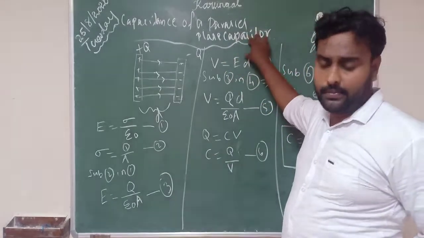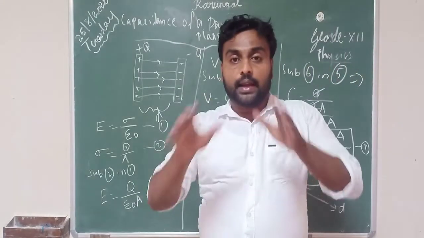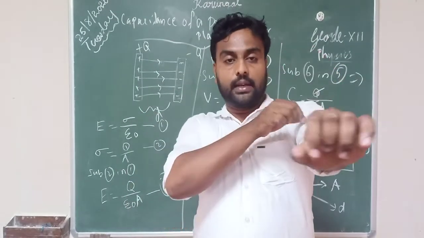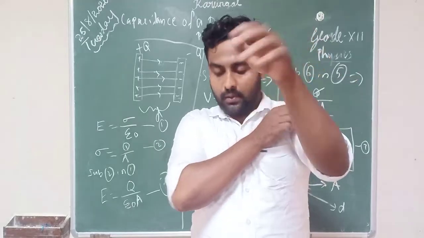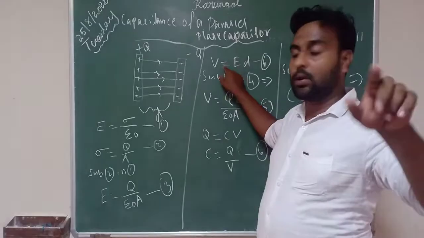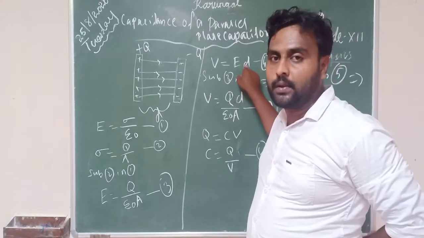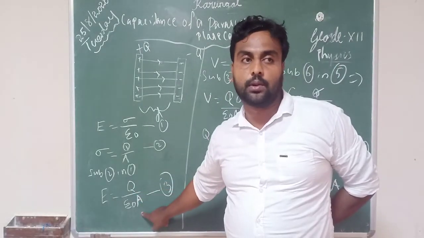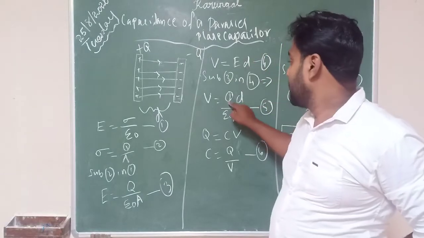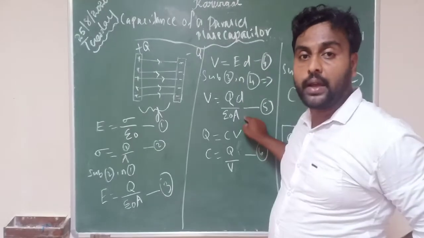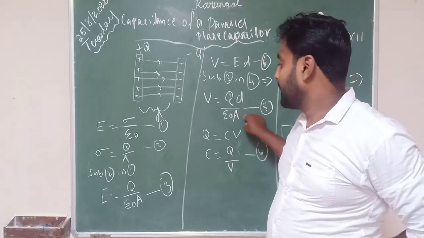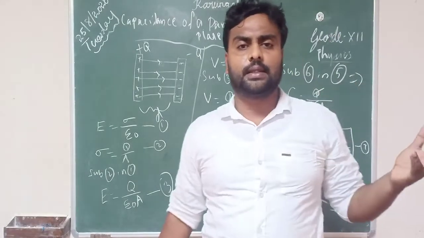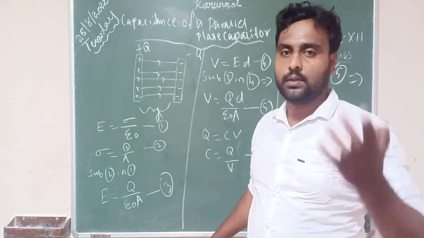Now the potential difference. Electric field is uniform, so the electric potential difference between them is V is equal to E into D. What is this E? Q by epsilon 0 A. So substitute here: QD by epsilon 0 A. Now we find the capacitance of the capacitor using the general formula Q is equal to CV.